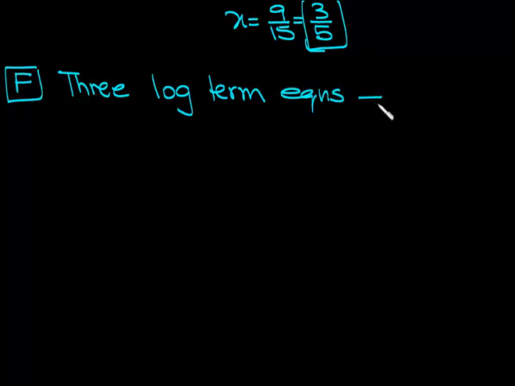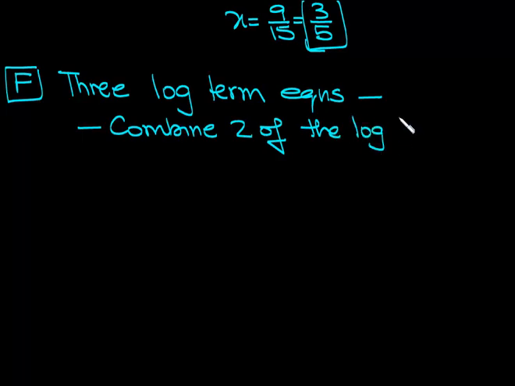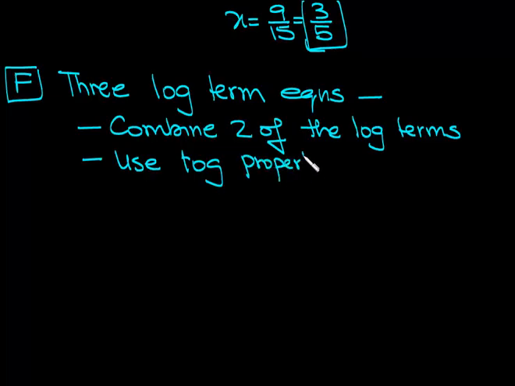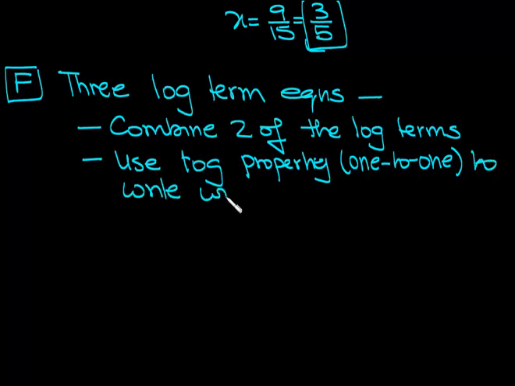So this time what we're going to do is combine two of the log terms, and then use the log property, the one-to-one property, to write without logs. And I'll explain this. Okay.